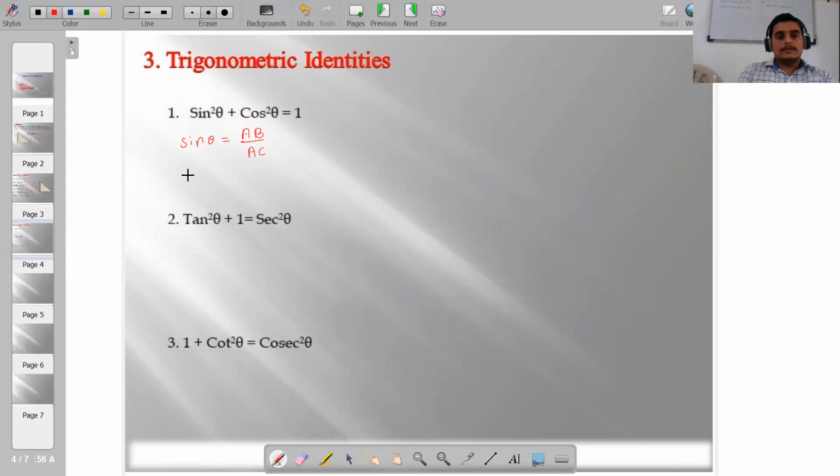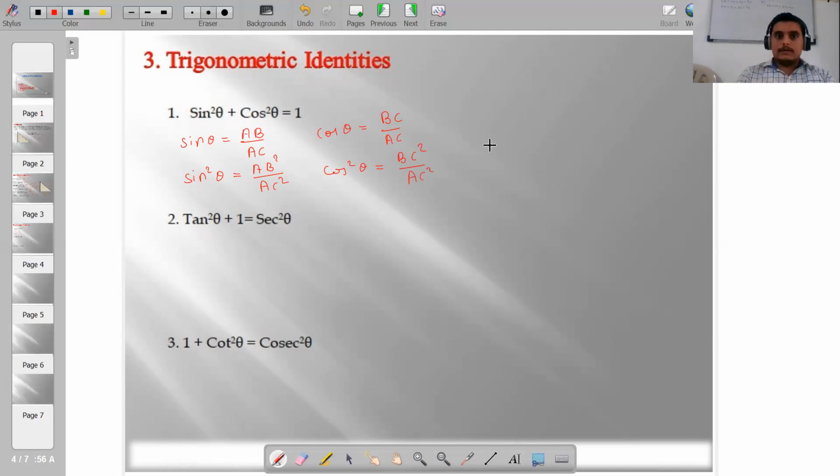If we square it, we will have sine square theta equal to AB square by AC square. Similarly, cos theta was BC upon AC, and therefore cos square theta equals BC square upon AC square.